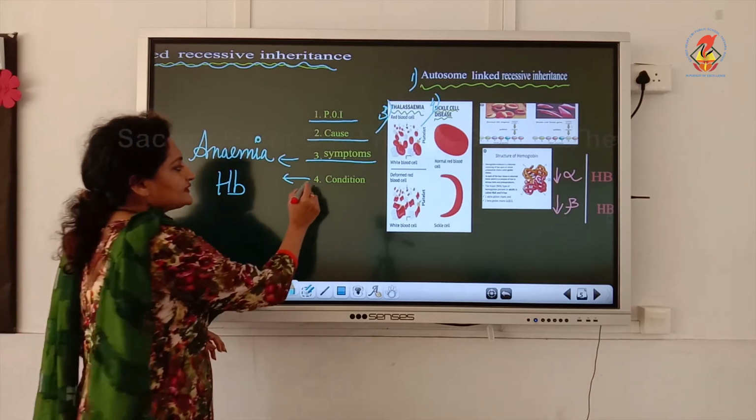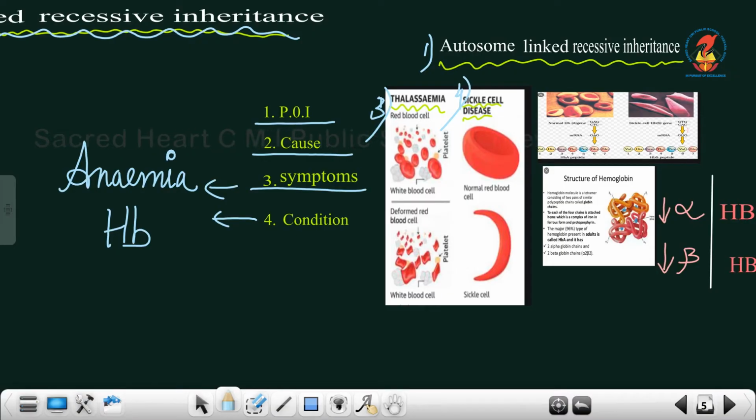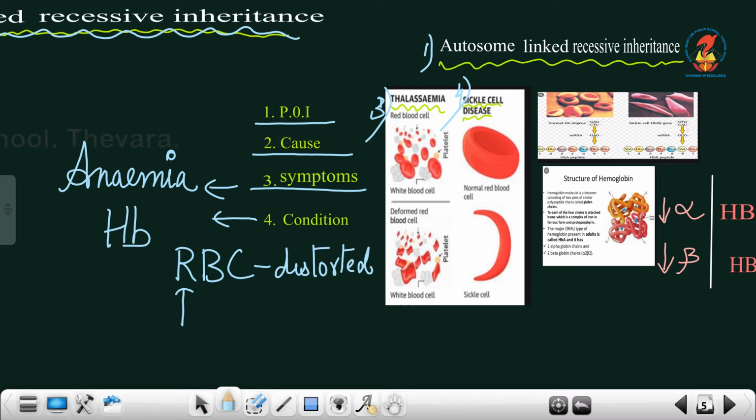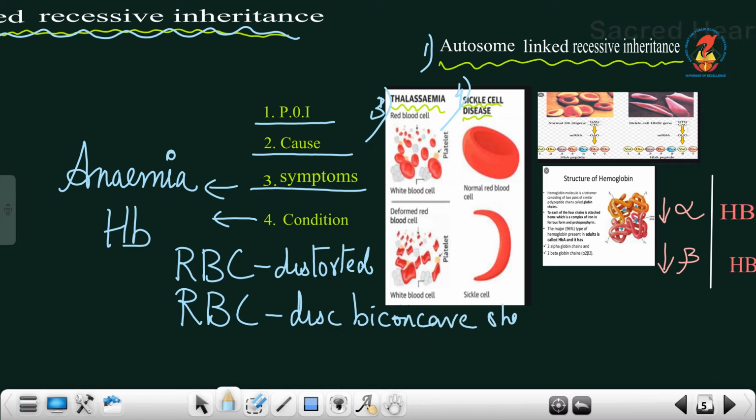Now we are going to analyze the condition. In both the cases, the RBCs are distorted in shape. What is the actual shape of RBC? It is disc and biconcave. So you are familiar with the shape of RBC.